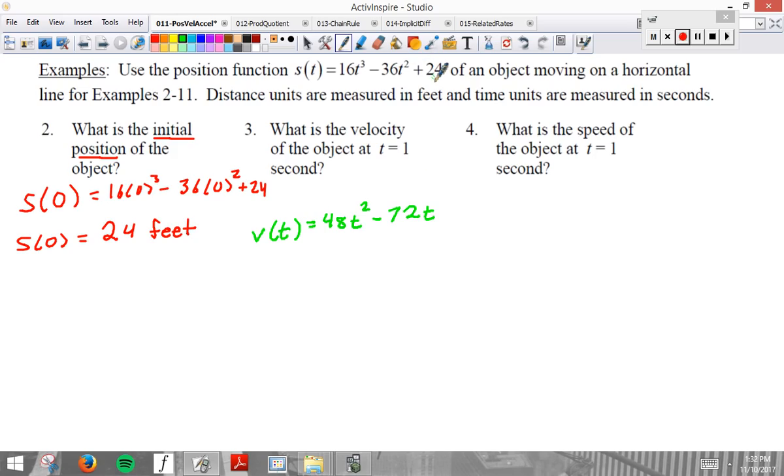The derivative of 24 is 0, because 24 is a constant. So now I have this velocity function, and it's going to be a really important function, so we're going to keep track of it.